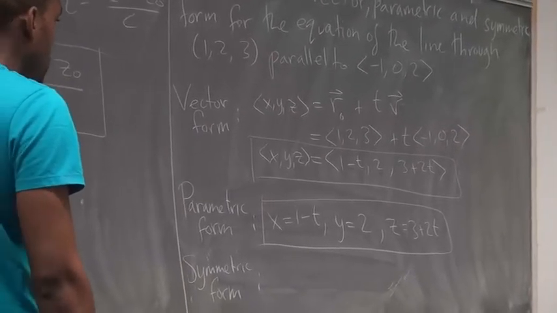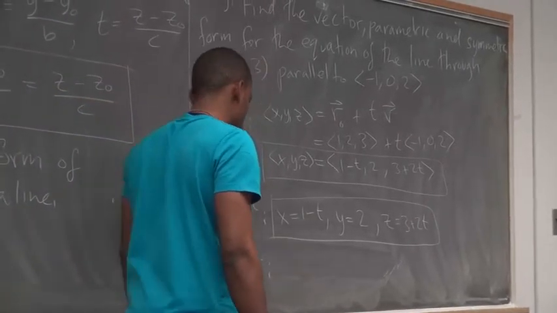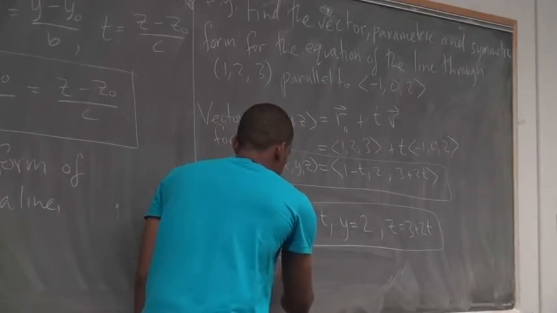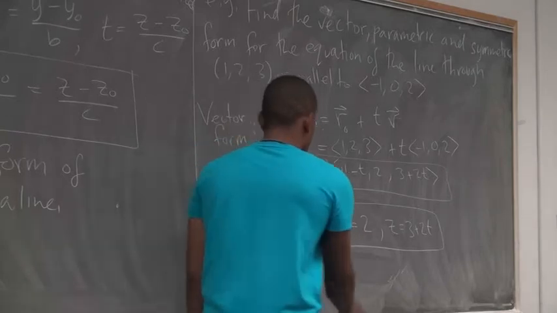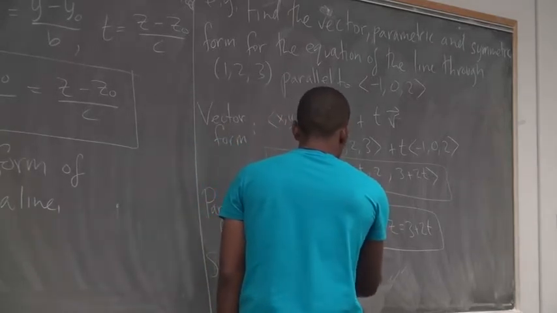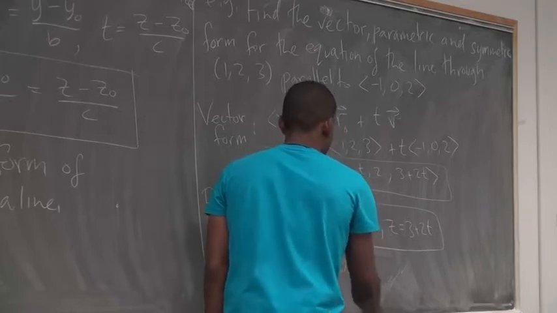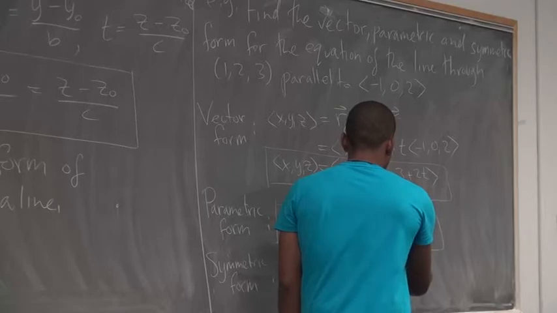And the symmetric form, try to solve for t everywhere. So in the first case, t would just be x minus 1 divided by negative 1. You can't really solve for t here, we just have that y equals 2. And here if we solve for t, we get z minus 3 divided by 2.